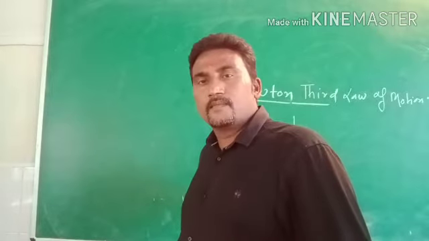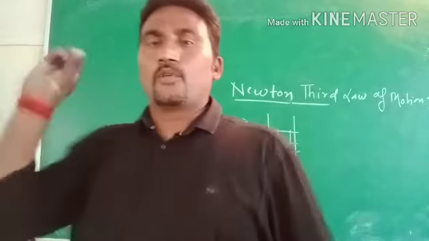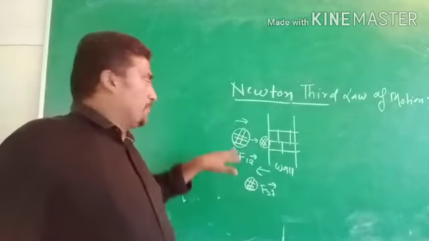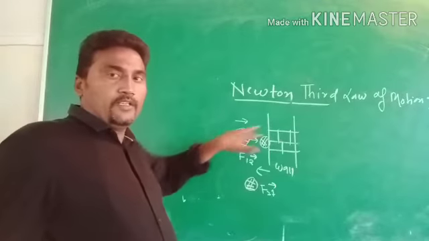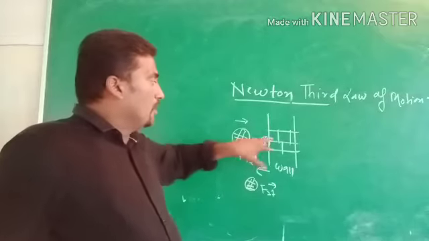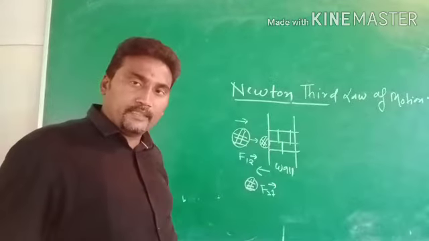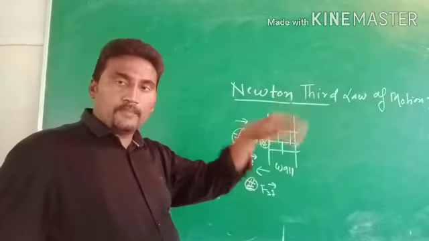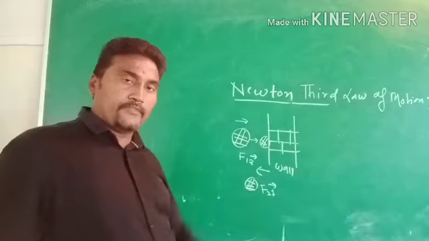As in the given diagram, when a person throws a ball, a force is applied on the ball from direction 1 to 2, where 1 represents the ball and 2 represents the wall. When the ball is thrown in the direction of the wall, the applied force is F12.